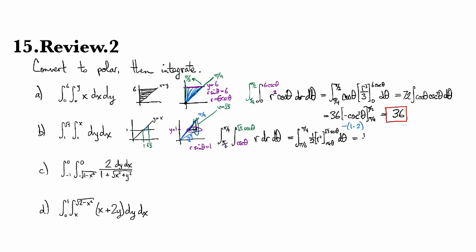So that gives us 1/2 integral of 3 secant squared theta minus cosecant squared theta d theta, and so that integrates up to giving us 3 tangent theta minus negative cotangent theta.